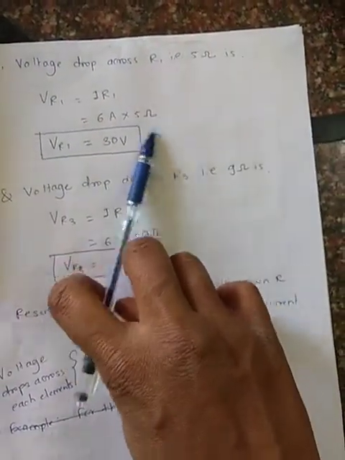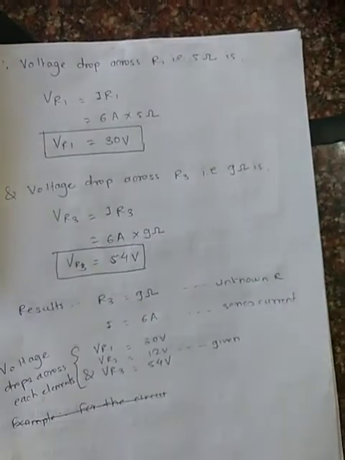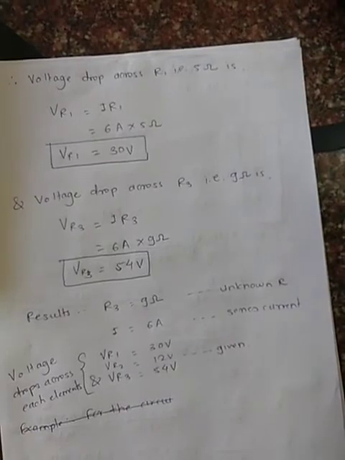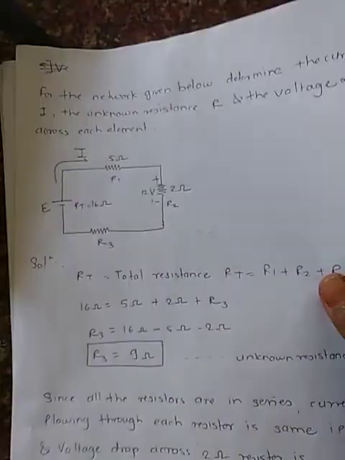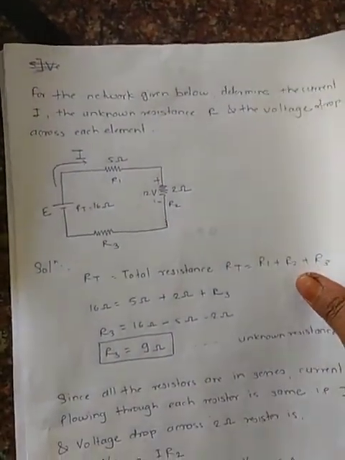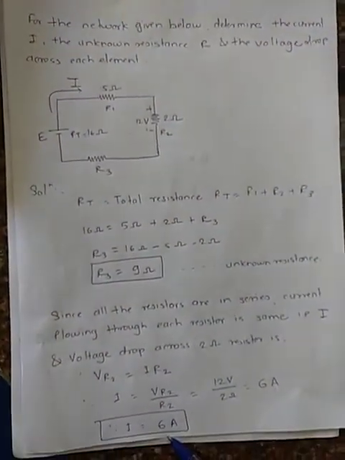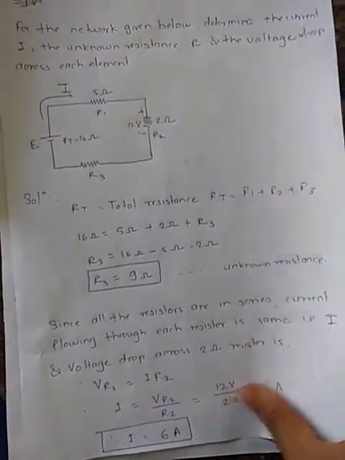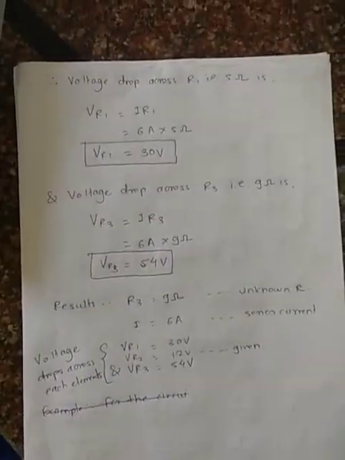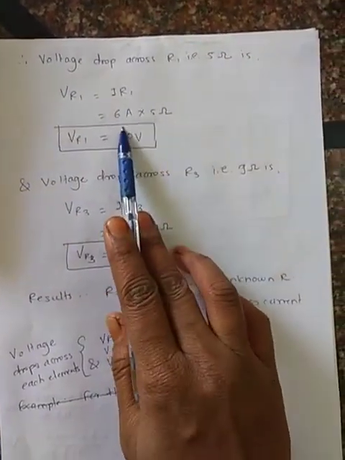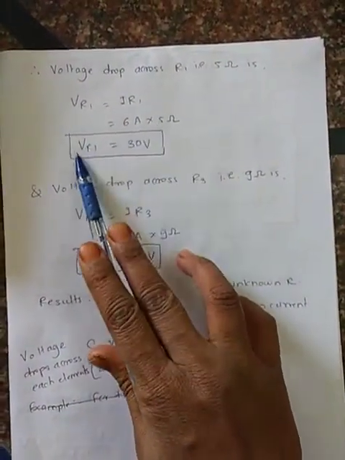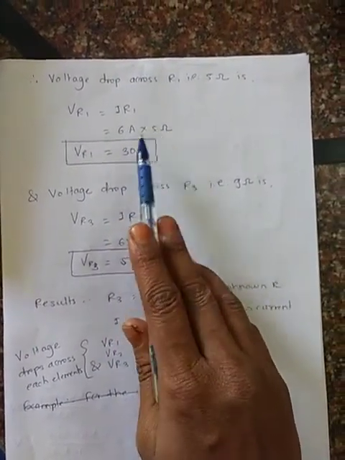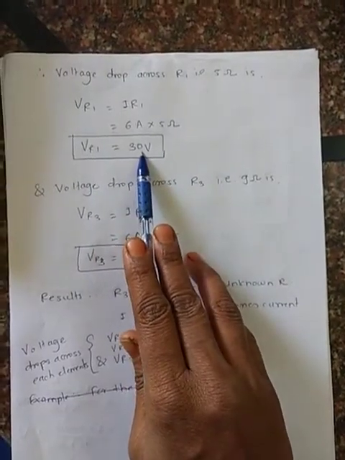Here VR1 is unknown but R1 is given as 5 ohm, and we know the value of I, that is 6 ampere, which we found here. If we put the values into this equation, we will get VR1 is equal to 6 ampere into 5 ohm, which means VR1 is equal to 30 volt.